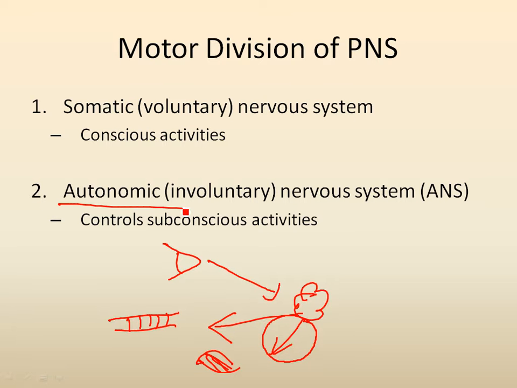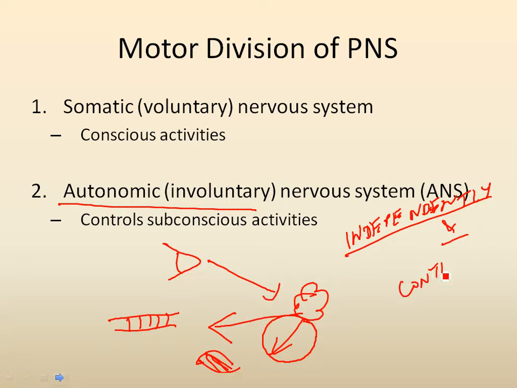And the second one is the autonomic nervous system, or the ANS, which controls the subconscious activity. The autonomic nervous system is that part of the peripheral nervous system that functions independently. So it functions two things: independently and, notice what I'm going to be writing, continuously, without any conscious effort.